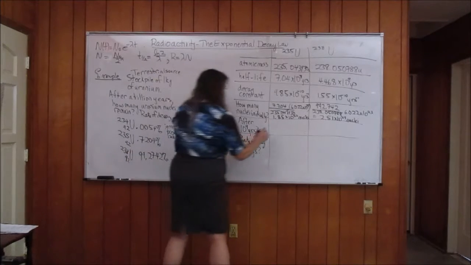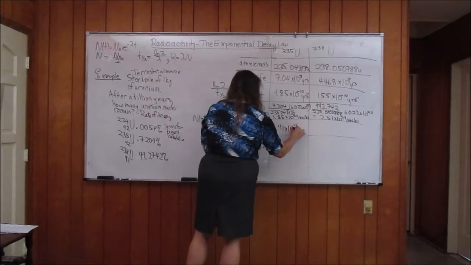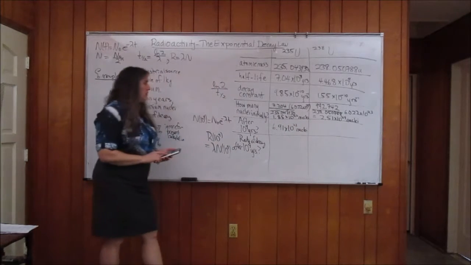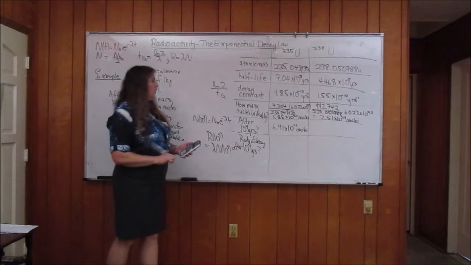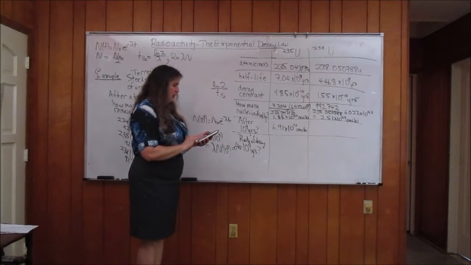And we're left with 6.91 times 10 to the 21 nuclei. Doing the same calculation for U238, we start out with 2.51.